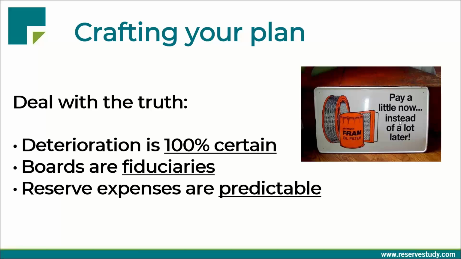We know that deterioration is going to happen, wear and tear happens. We know that you have a requirement, pursuant to the obligations and principles that George indicated, to protect the assets. And the reserve expenses are as predictable as, everybody always wants something to be scientific.